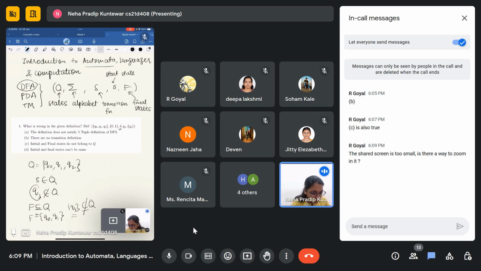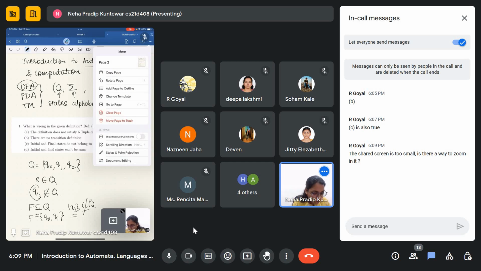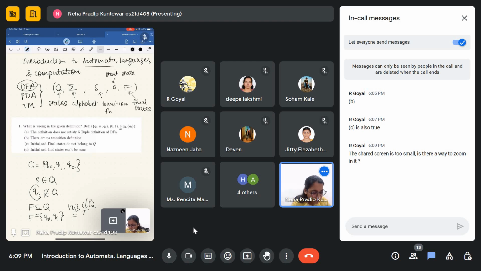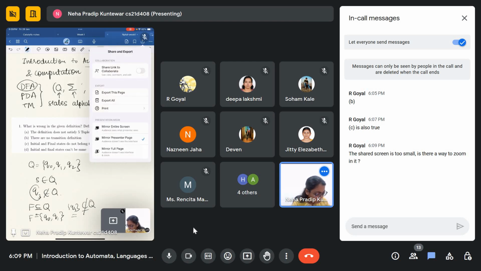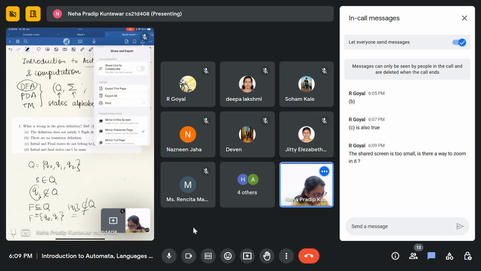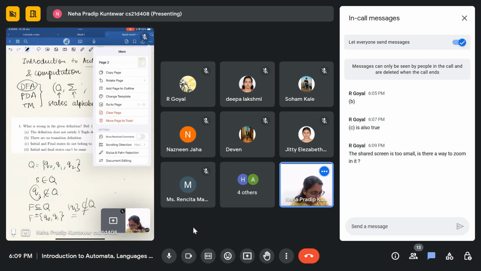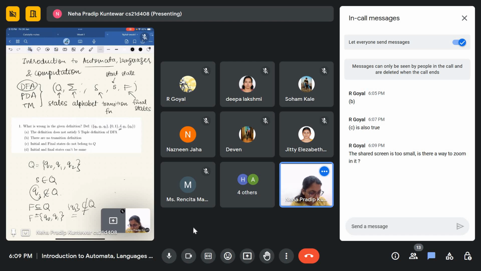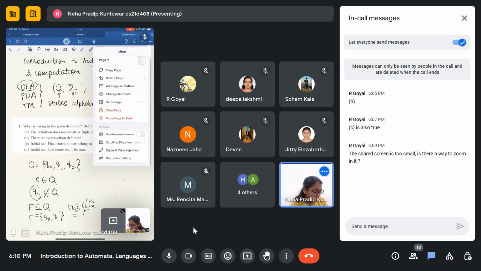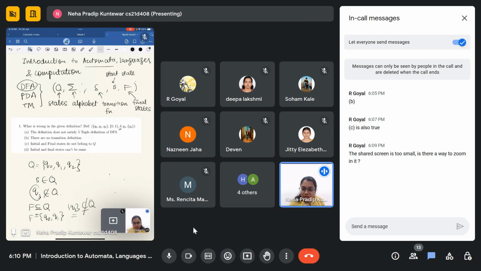Okay, I'll check if there is a way to solve it. One of you says that the screen is too small, but at the moment I don't see a way to zoom it.